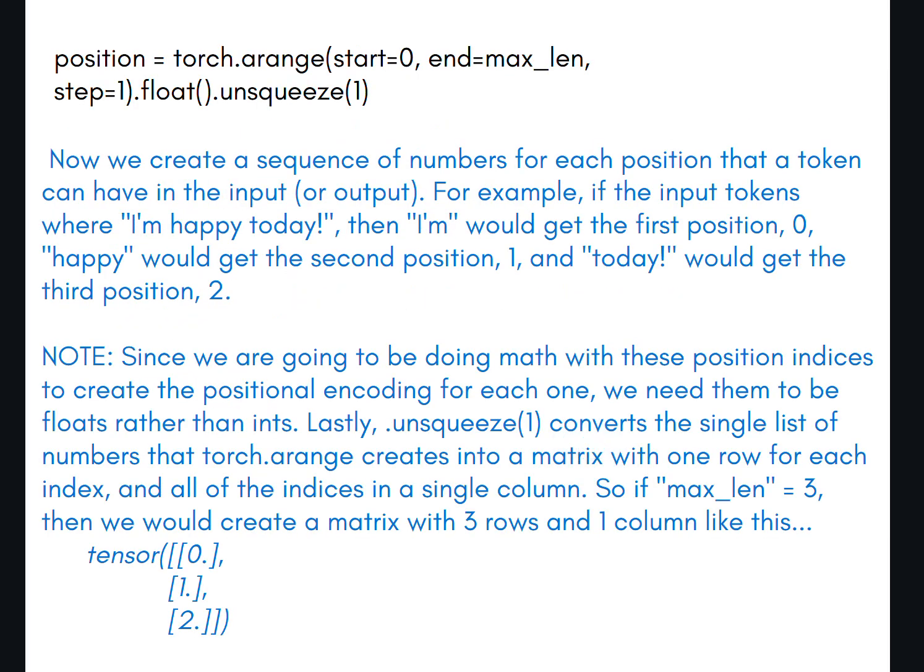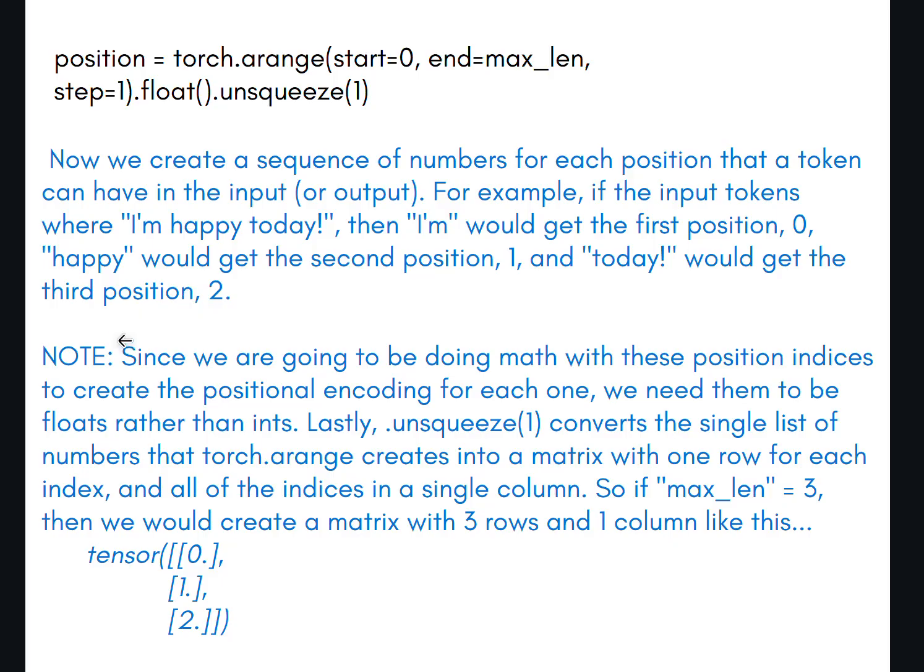So position equals torch.arange, start 0, end max length, step 1, then float and unsqueeze. So this is defining the positions. We create a sequence of numbers for each position that a token can have in the input or output. For example, if the input is the tokens 'I am happy today', then I would get the first position 0, 'happy' would get the second position 1, and 'today' would get the third position 2.